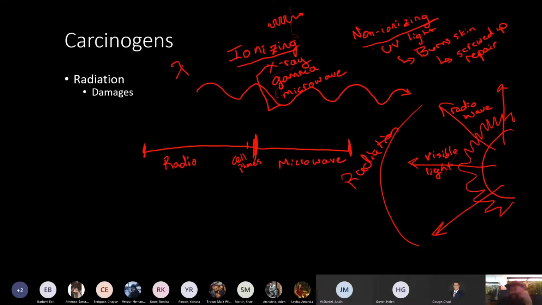So then you have to repair the DNA. And when you have a whole lot of damage in a whole bunch of areas, your risk spikes. So lots of ionizing radiation boosts your risk of cancer. But again, this is all relative risk stuff.